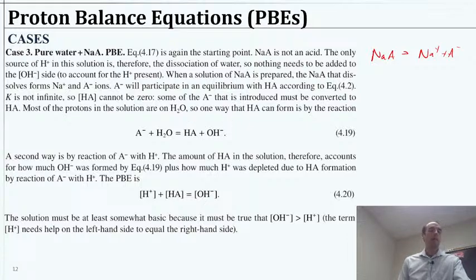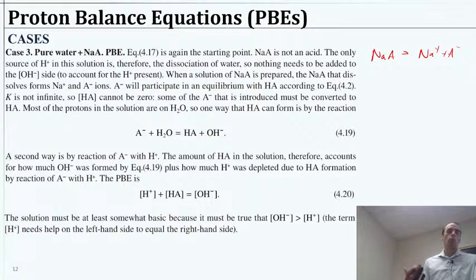Okay, so we kind of have to think about, in that sense, when we add this, it's that conjugate base, that NaA, what it will do is react with water, and then water becomes, in a sense, a source of the OH minus.